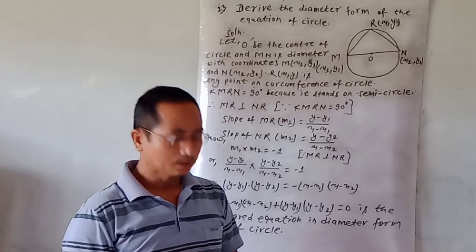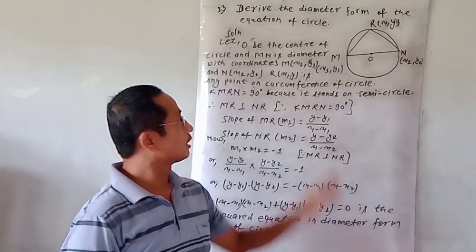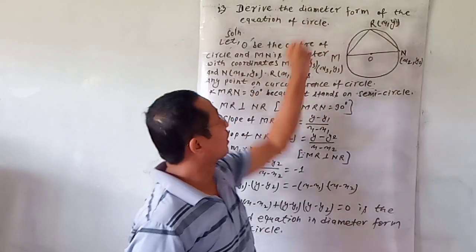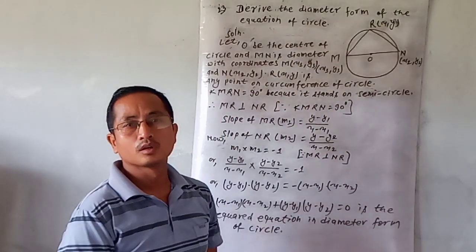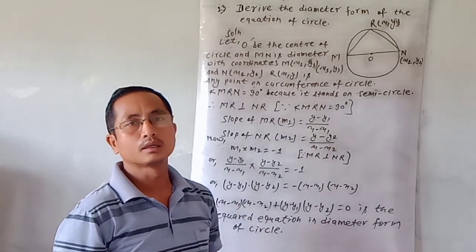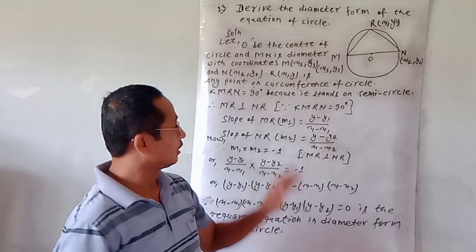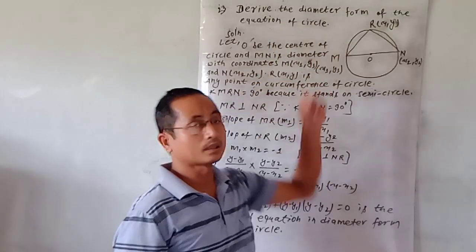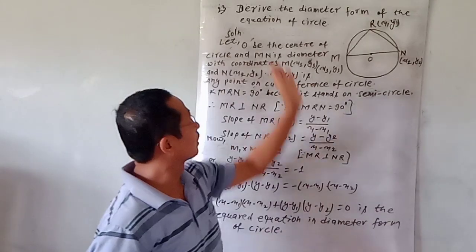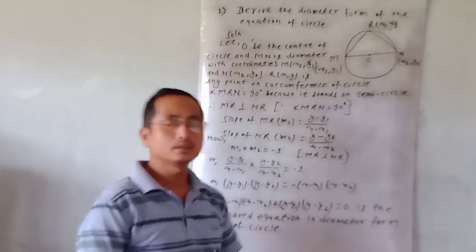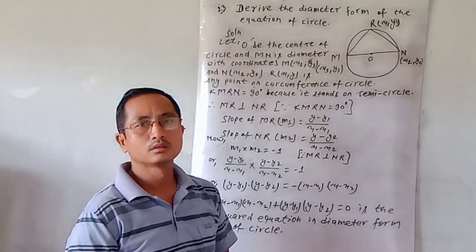I mean, in this way we can derive the formula of the equation of a circle when the two ends of the diameter are given. When the question asks like this, we can derive the formula in this way. Okay, thank you.